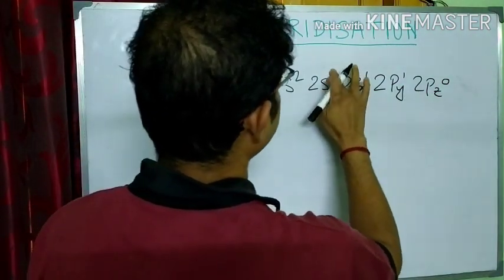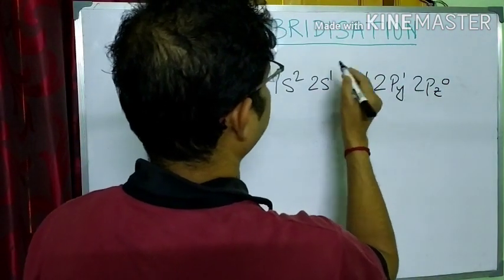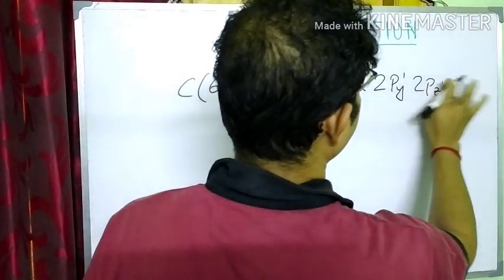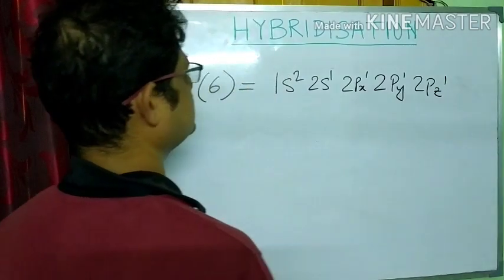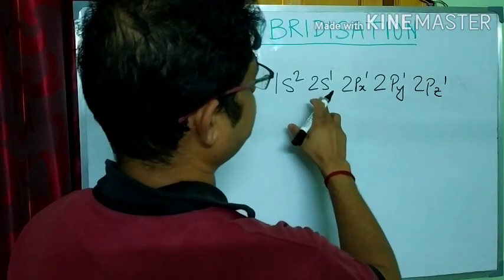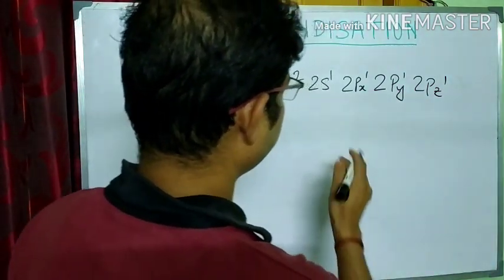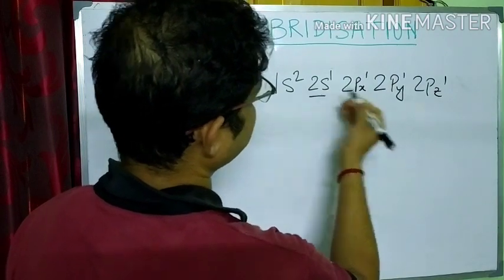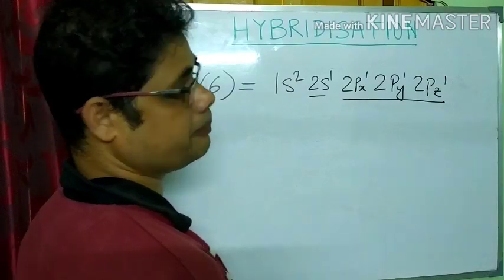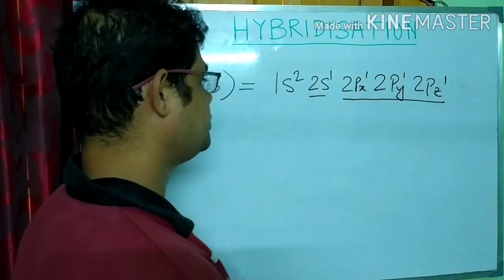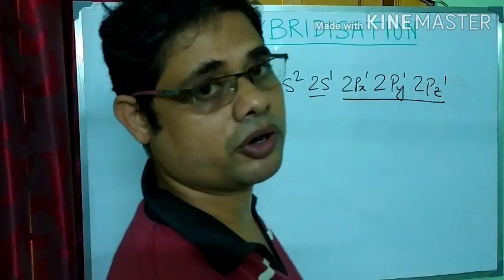In the excited state, one electron shifts to the pz orbital. Now we have 1 2s orbital and 3 2p orbitals available to make bonds.